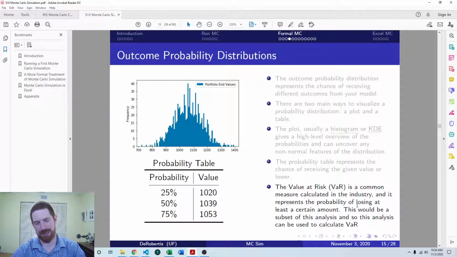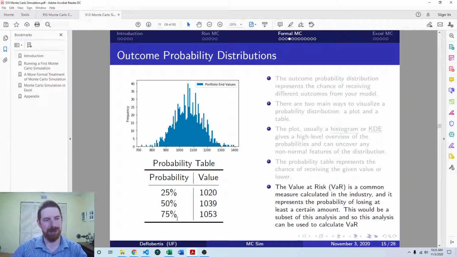So it's saying in 95% of days we're going to lose less than $1,000. In those other 5% of days, it doesn't say anything about that. It could be 10,000, could be a million loss. Just that 95% of the time, the loss is going to be less than $1,000.